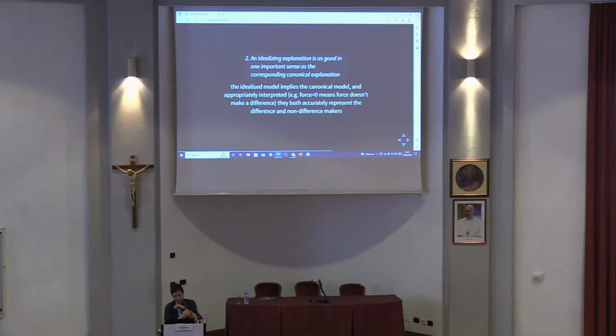They both accurately represent the things that make a difference, and they effectively communicate the things that don't make a difference. It's just that the way that the idealized model communicates the things that don't make a difference is by idealizing, by setting them to zero.